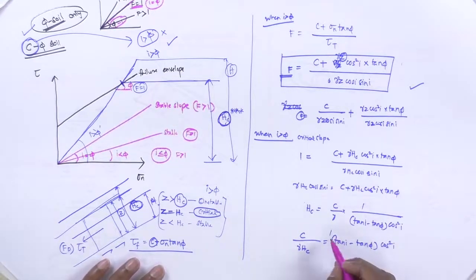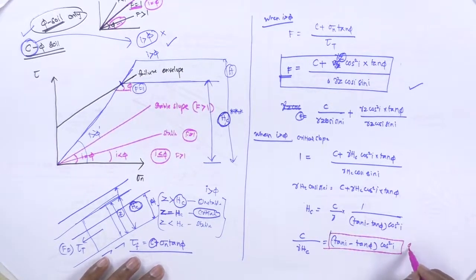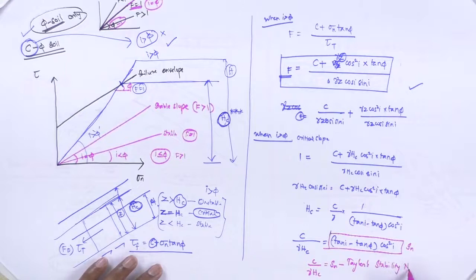So this can be replaced and written as Sn. So c divided by gamma hc equals Sn. This is nothing but Taylor's stability number. So this is the Sn value, Taylor's stability number. This can also be rewritten into some other form.